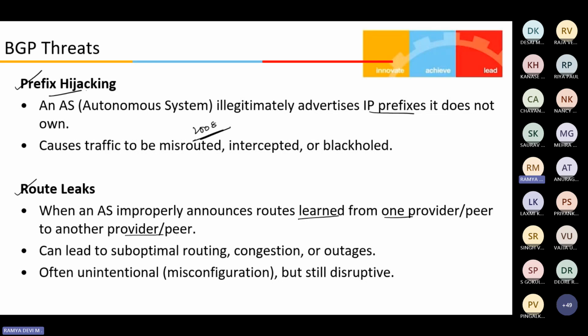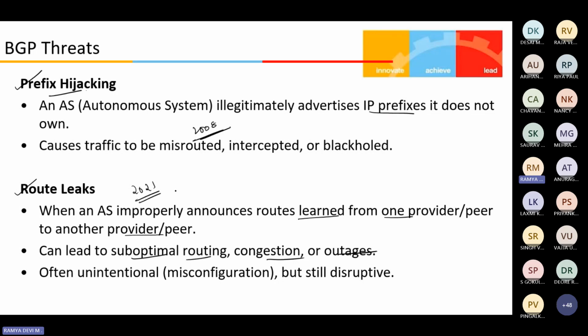This causes suboptimal routing, congestion, or partial internet outages. Frequently it is caused by misconfigurations, but malicious leaks are also possible.